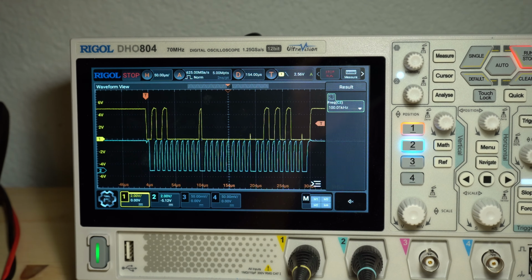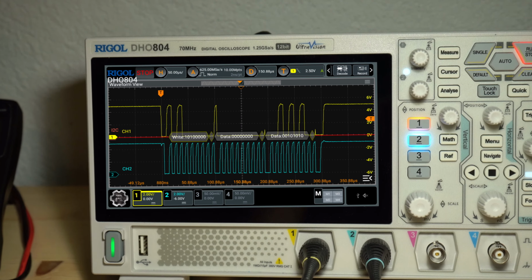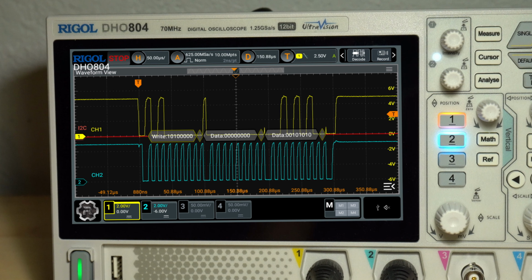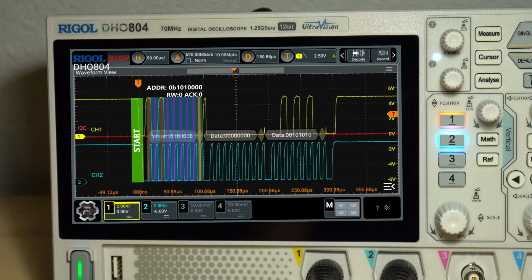In the very beginning, even before any data is sent, we can see that our bus is at its idle state with SCL and SDA being at 5 volt. Next comes the start bit, which is this section right here, with SDA low and SCL still being high. After the start bit, the next 7 bits are our EEPROM's address, which is 0x50, followed by the read-write bit.